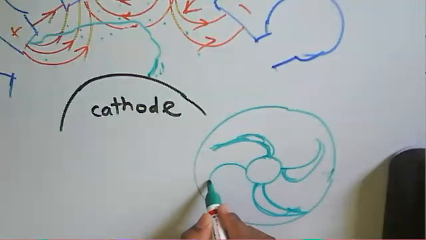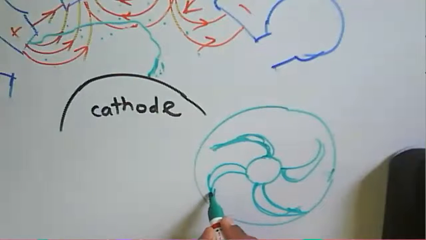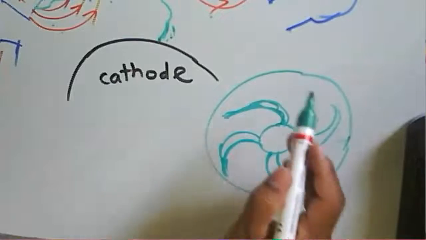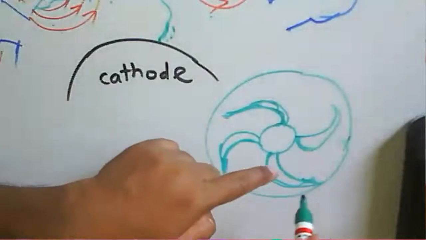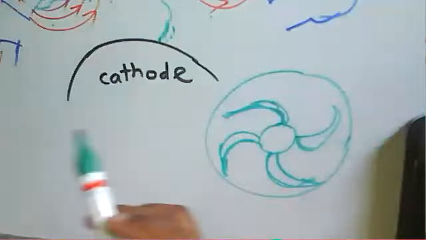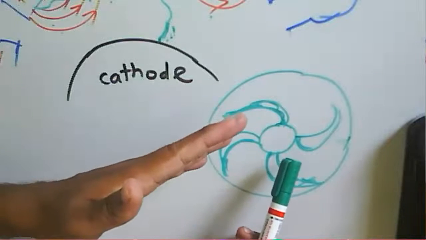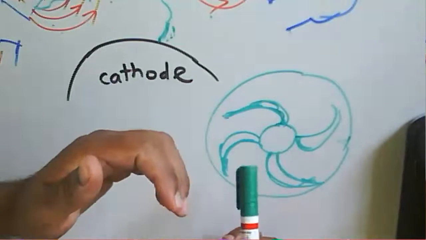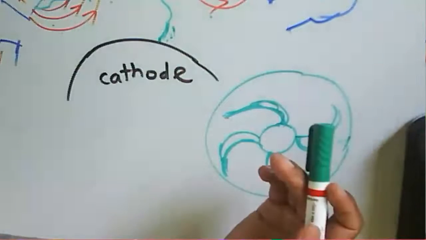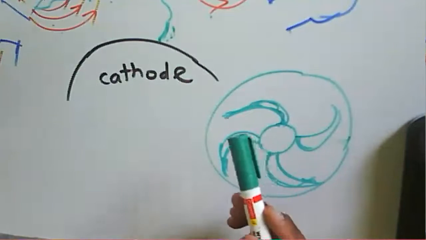So here there will be motion of the electrons, and it will look like a spoke structure. Here the electron will bend its path and keep moving. The electron has an outward force because of the magnetic field.